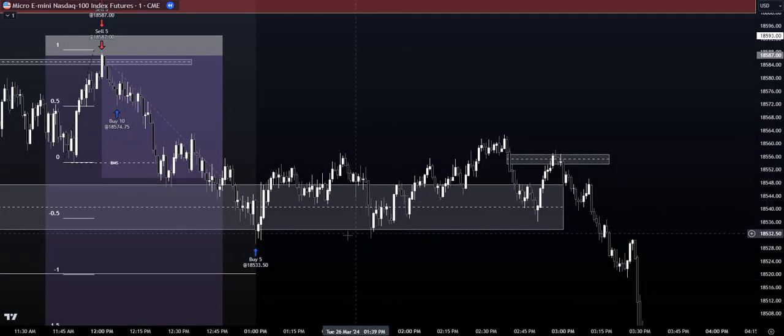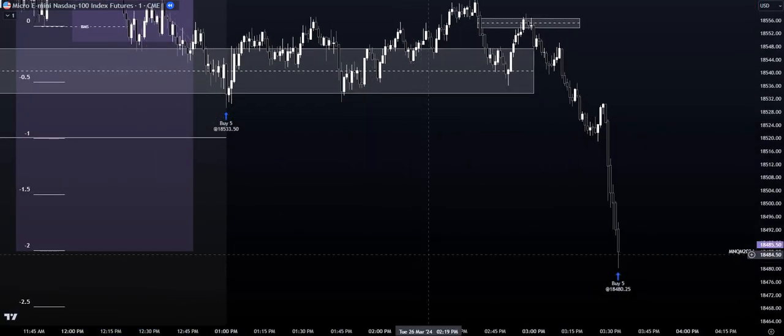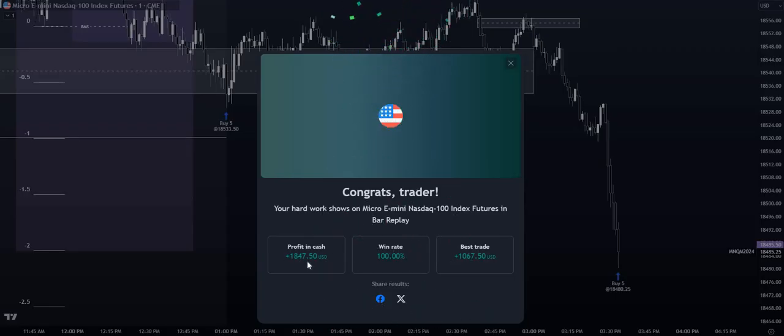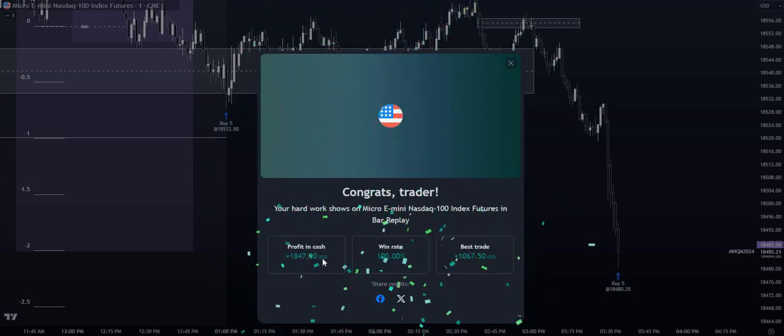That's the power of having risk management, and that's the power of risk to rewards. We got all our losses back, $1,847. Our losses was $1,500. We got back all our losses plus $347.50 extra in profit in one trade.